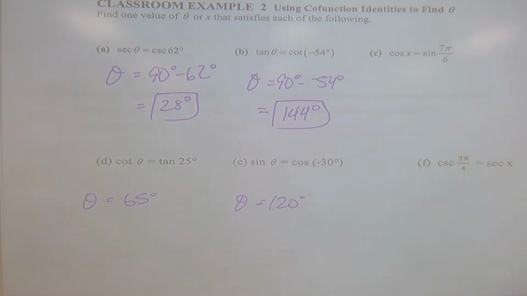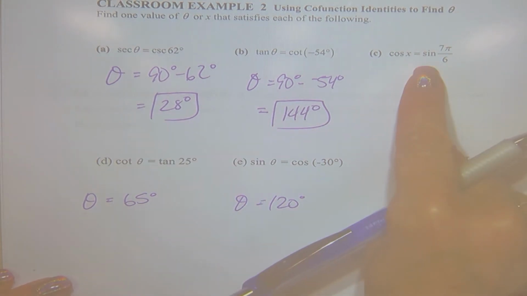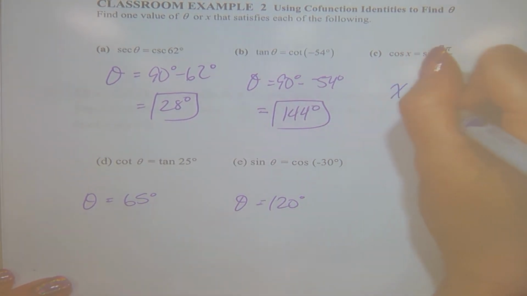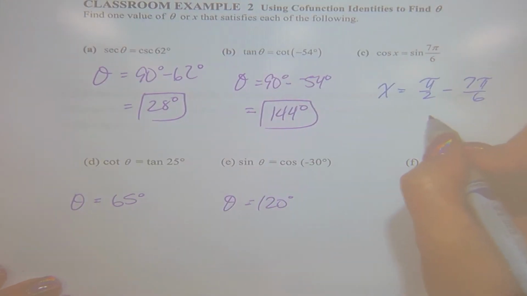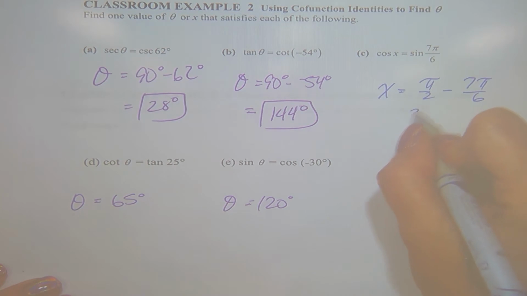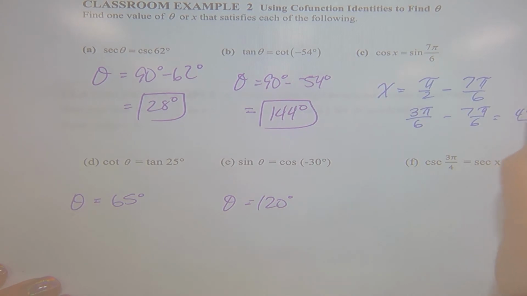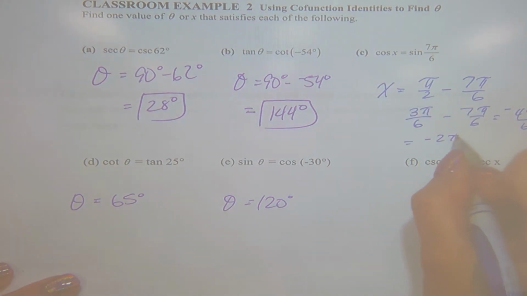All right, when I'm dealing with radian angles, instead of starting with 90 minus, I'm starting with pi half minus. Cosine and sine are cofunctions. So x is going to be pi half minus 7 pi 6. Have to find a common denominator to add or subtract fractions. So that would be 3 pi 6 minus 7 pi 6, which gives me negative 4 pi 6, which is negative 2 pi thirds.